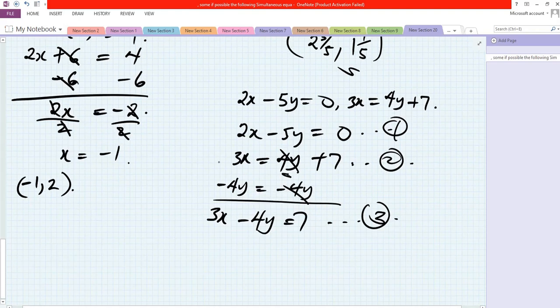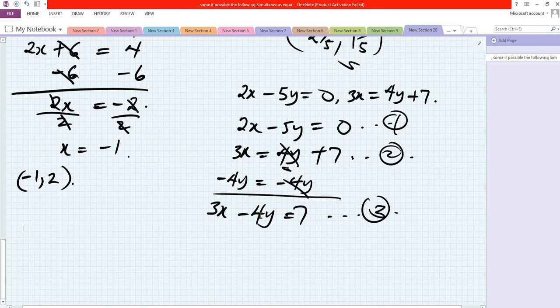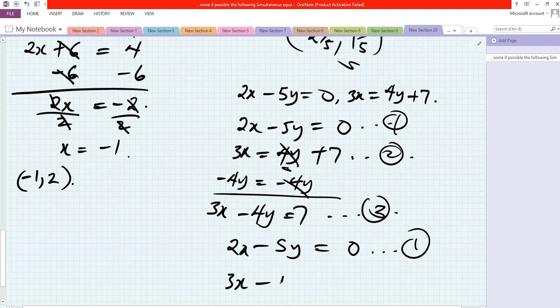Now we have 2x minus 5y equal to 0. That is equation 1. This one will have 3x minus 4y equal to 7. Equation 3.